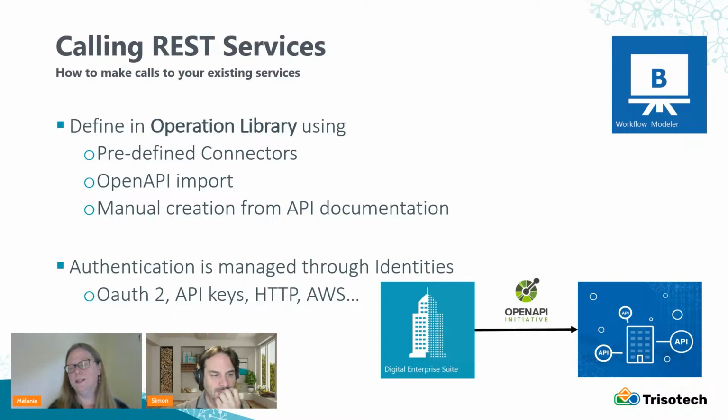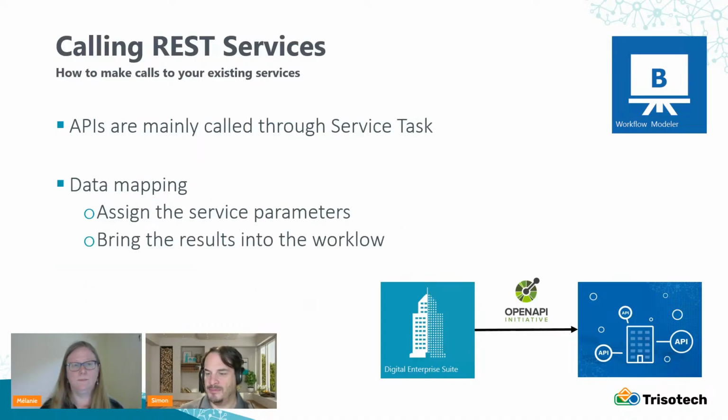So we use the concept of identities within the DES when you need to authenticate. Those are kept separate from all your models for obvious security reasons. You don't want to share your credentials in a BPMN or XML file. And you will create those supporting OAuth 2, API key, HTTP, even the Amazon-specific authentication process.